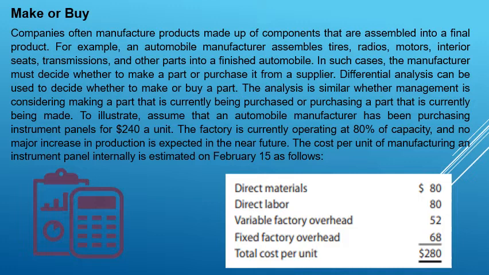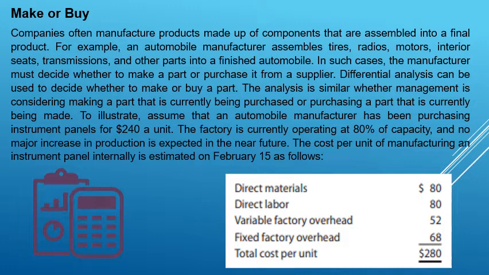To illustrate, assume that an automobile manufacturer has been purchasing instrument panels for, let's say, $240 a unit. The factory is currently operating at 80% of capacity, and no major increase in production is expected in the near future.